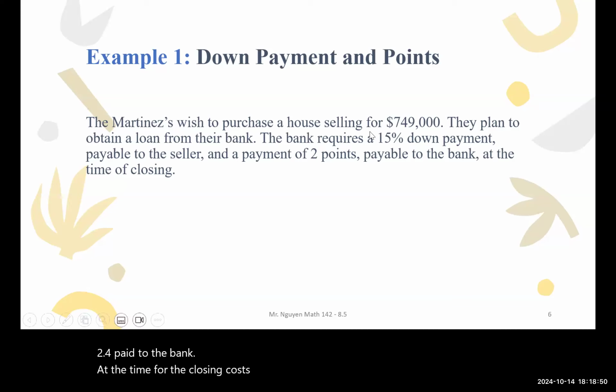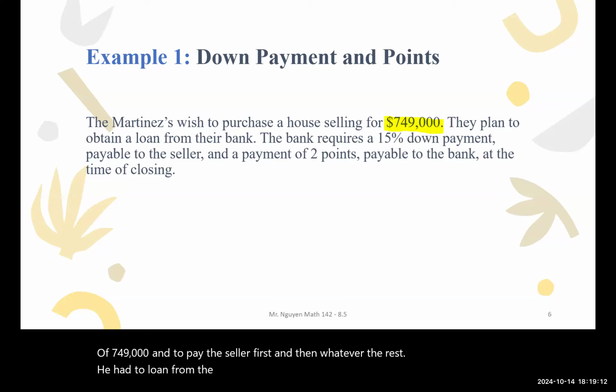So you see, the bank requires 15% of 749,000 to pay the seller first, and then whatever the rest he has to loan from the bank with 2 points. Remember, 1 point means 1%, so 2 points mean 2%, paid to the bank at the closing costs.